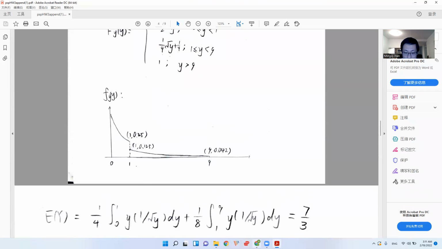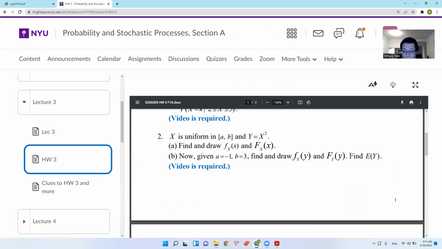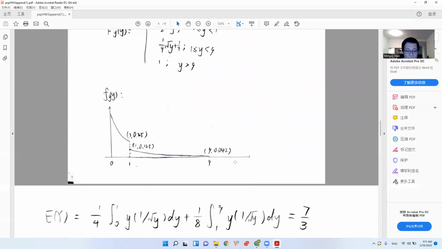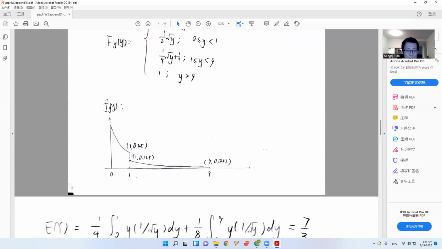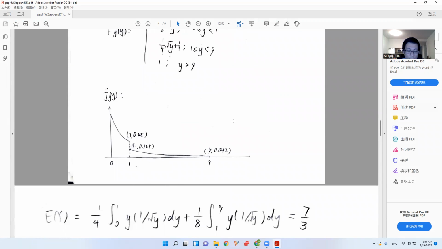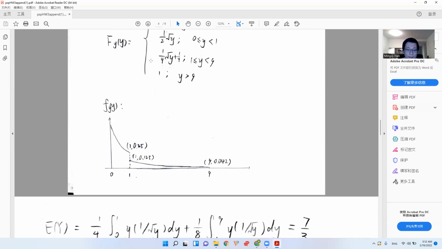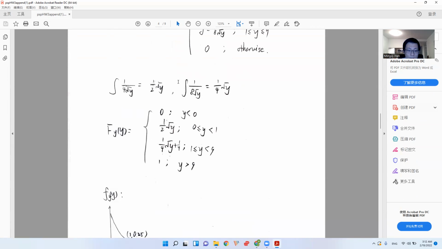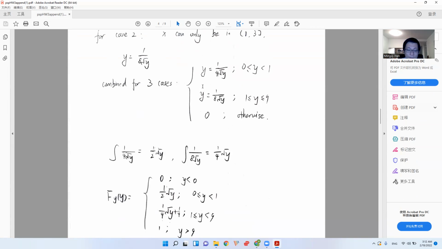And finally, we need to find the expected value of y. This is pretty much an easy job, but the expected value of anything is just the integration of y times the probability density function.